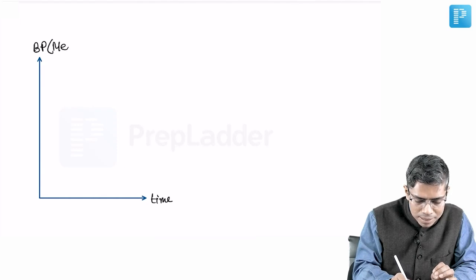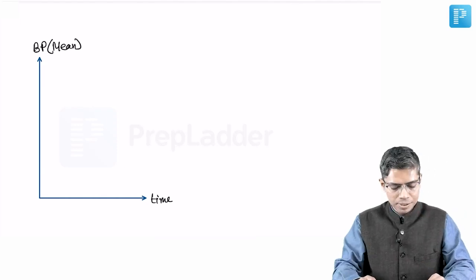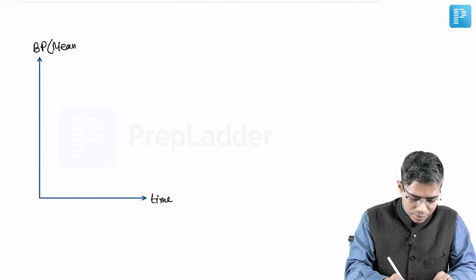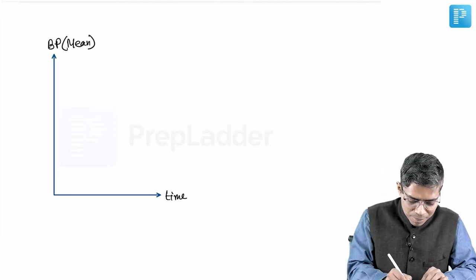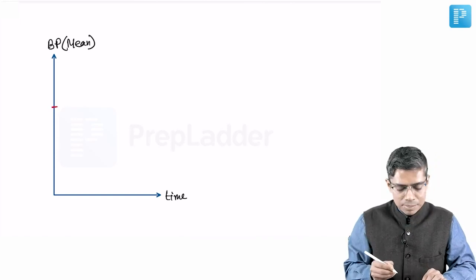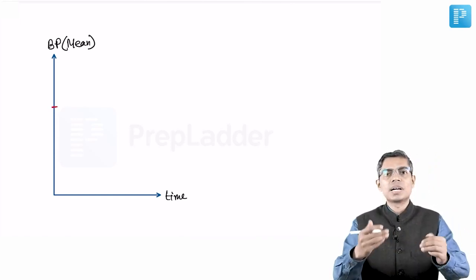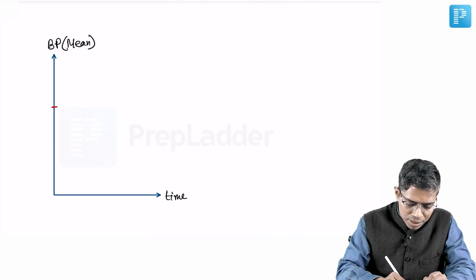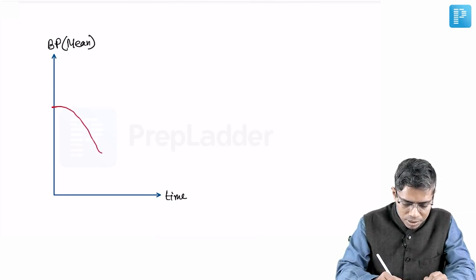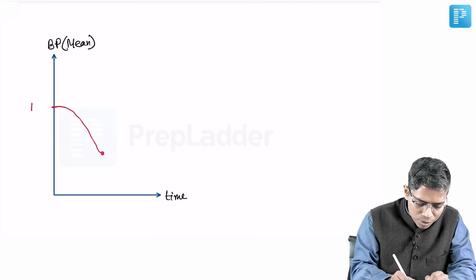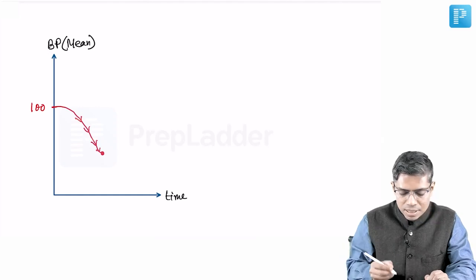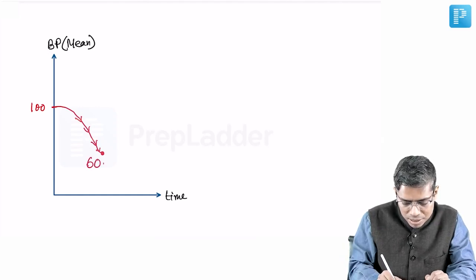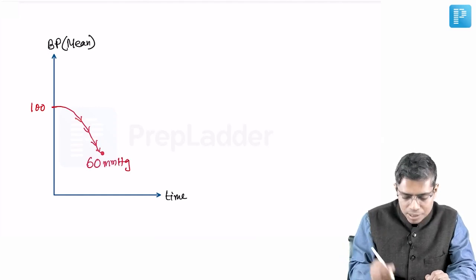Suppose I am plotting the mean blood pressure of this person. This is just for discussion. Suppose the mean blood pressure was in and around 100 millimeter of mercury. Due to huge blood loss, the pressure has decreased to, suppose, 60 millimeter of mercury.